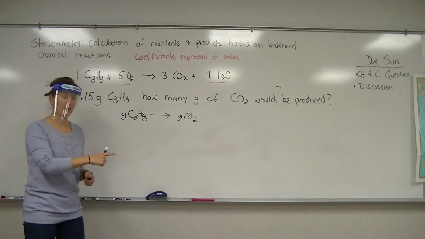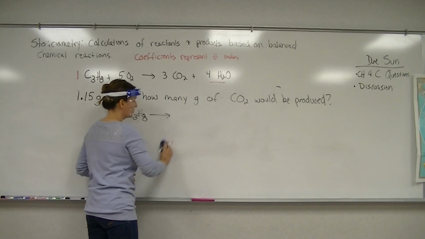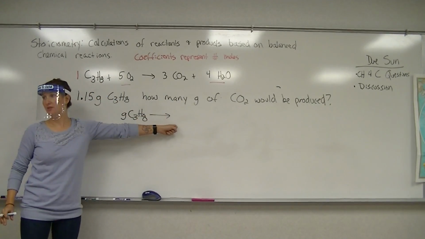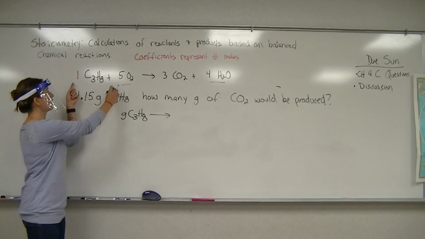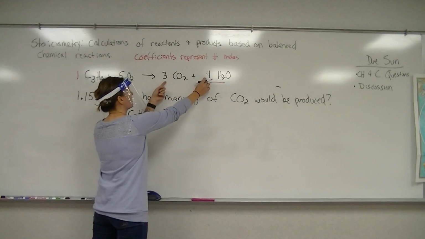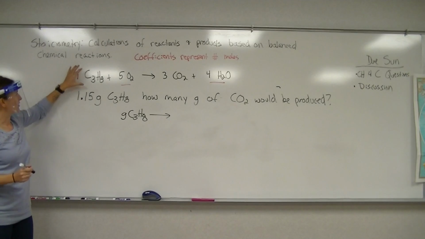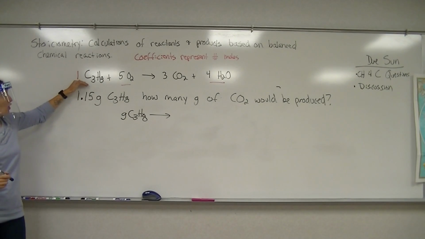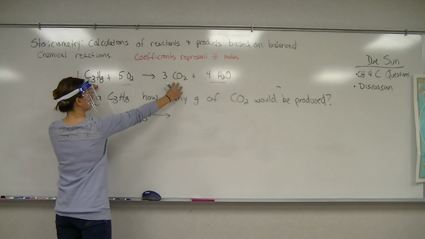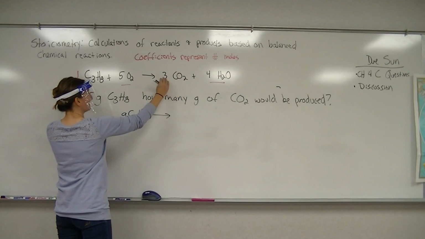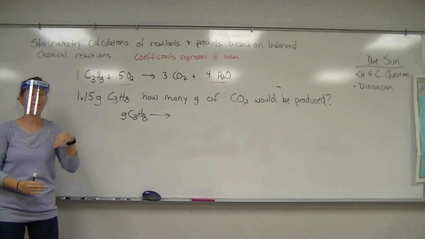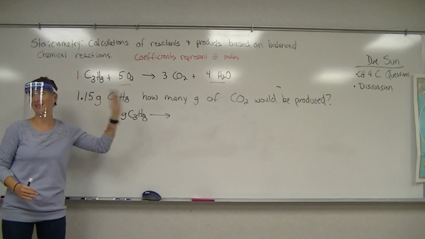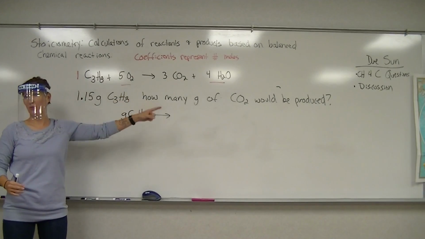That doesn't work. The only way I can get to CO2 is I need to get into moles first, because the coefficients in front of each of these elements or compounds represents the number of moles. So if I'm trying to go between two different compounds, I need it in moles in order to do that. So my first step, if I'm in grams, is to get into moles. Then I can use a mole ratio to compare.